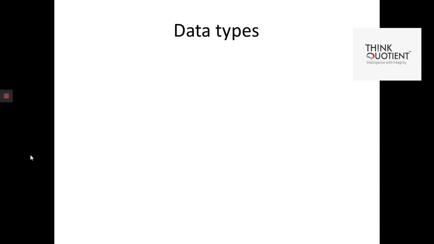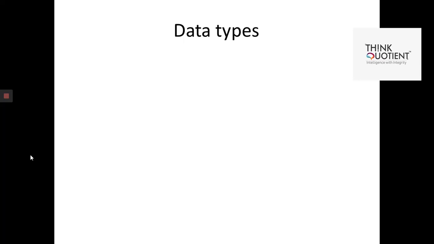Who will render our code? The JavaScript engine. Who will identify the data types of our variables? The JavaScript engine, right? So we can use var. var is a keyword through which we can declare variables. Initially we will start with var, and then we'll move ahead towards let and const. It can hold any type of data like string, number, and boolean.